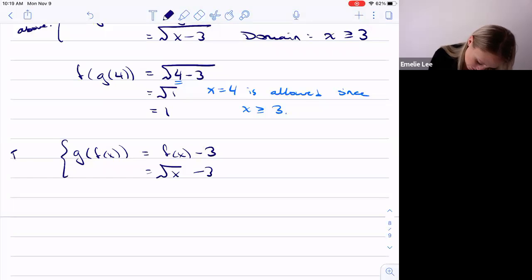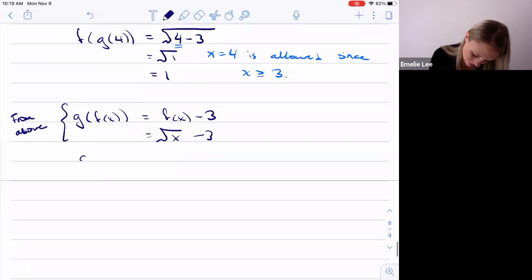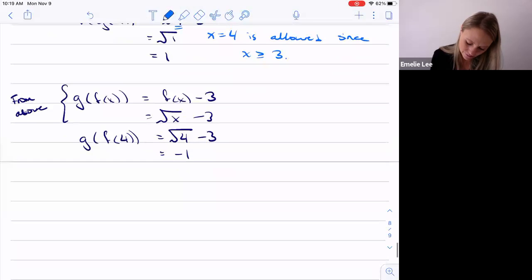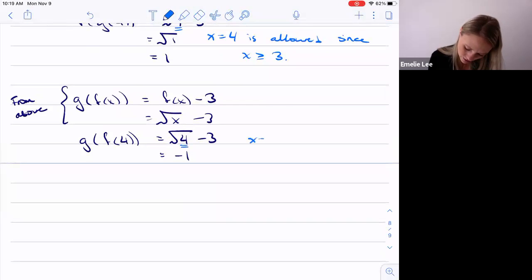So again, this is from above. And g of f of 4 is the root of 4 minus 3, which is 2 minus 3, which is negative 1. I'm going to keep it on this page, so a little lazy. x equals 4 is allowed since x is greater than or equal to 0.